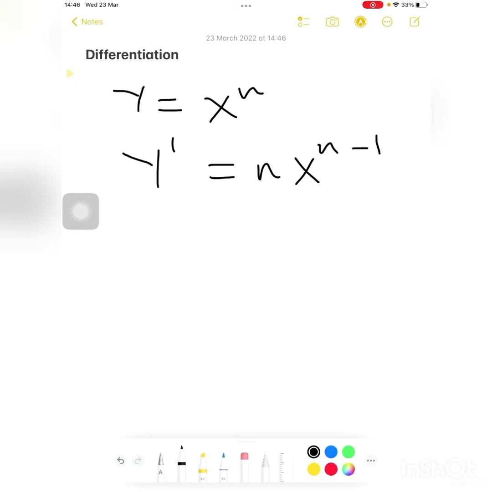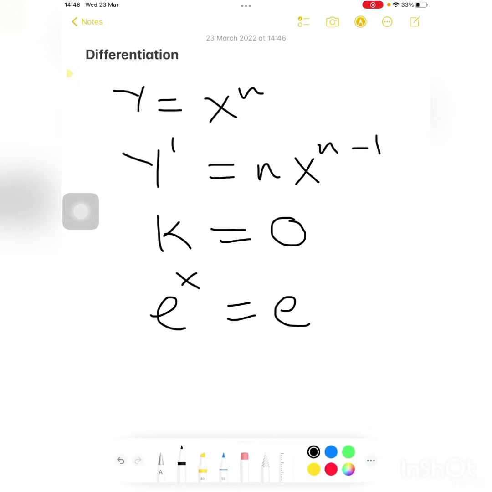Whenever we have a constant in a function, and I'm going to denote a constant with the letter k, the derivative of a constant is always 0. Some other key functions: the derivative of exponential of x is exponential of x.